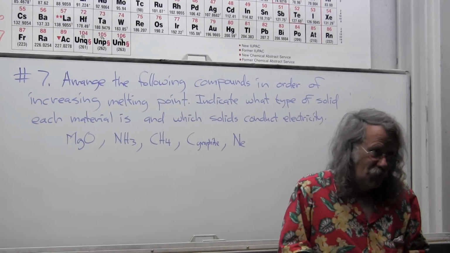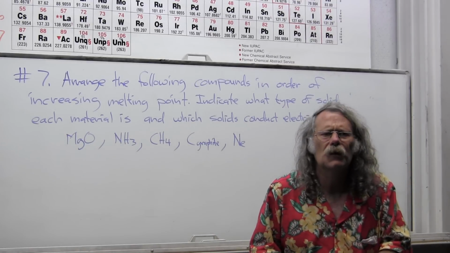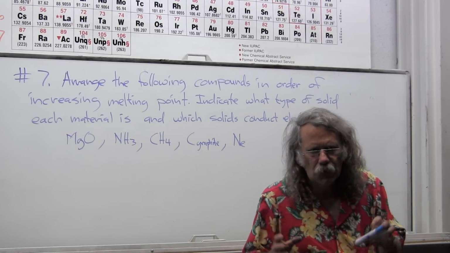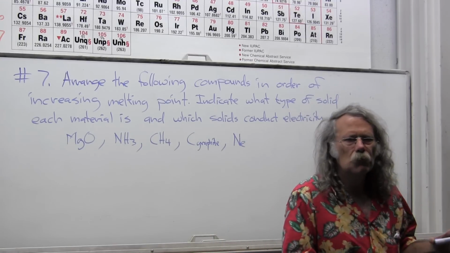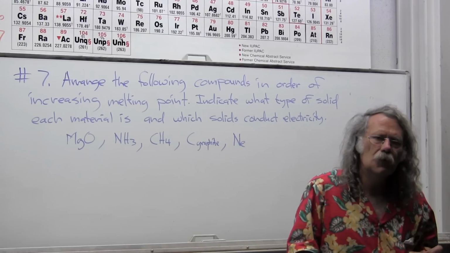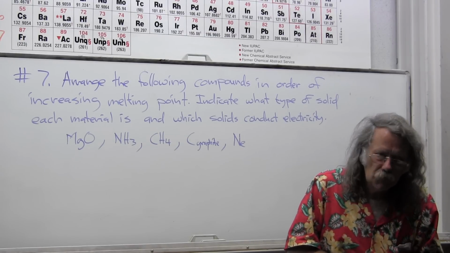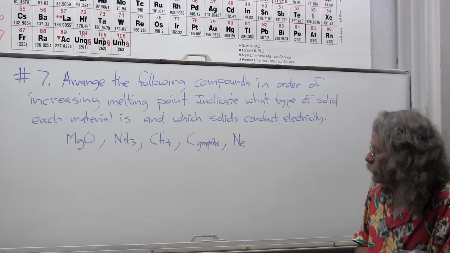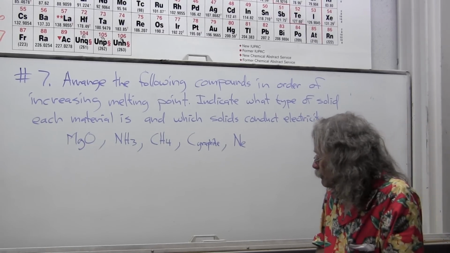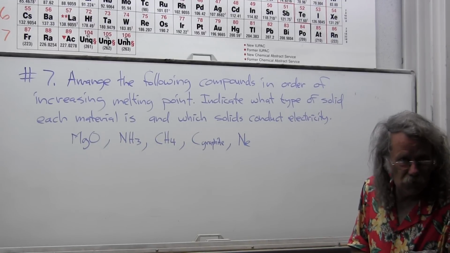And then, after taking that into account, we would look at the general molecular weight. If we're comparing two materials that have the same type of interactions, the one with the highest mass is likely to have a higher melting point, because it's going to be traveling slower at a particular temperature. As far as conduction, ionic solids do not conduct electricity.